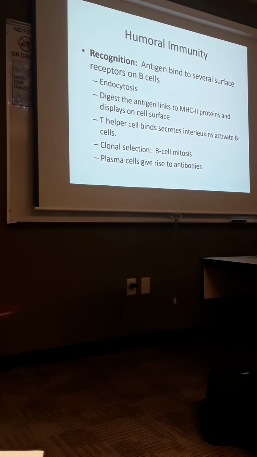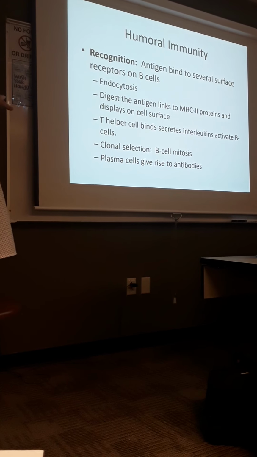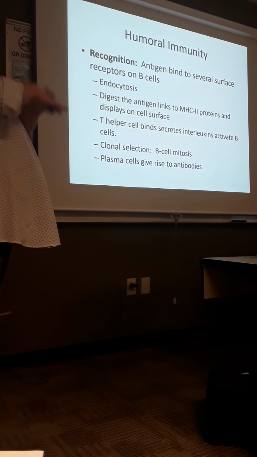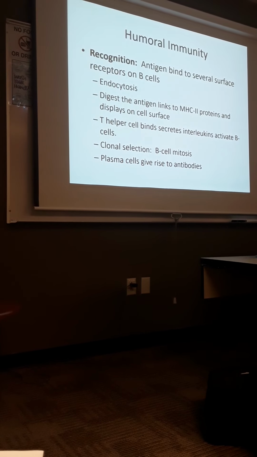Now, humoral immunity, remember, works through antibodies. When you talk about humoral immunity, you're talking about B cells. The antigen binds several surface antibodies or receptors on B cells. The antigen is taken into the cell through endocytosis. It digests the antigen and displays it on the surface of the cell.